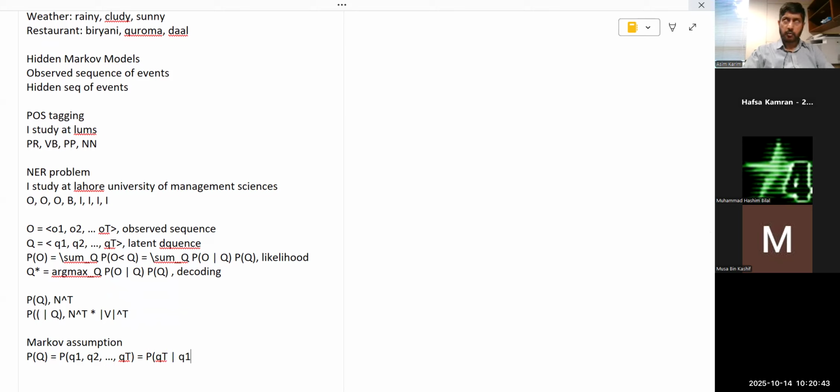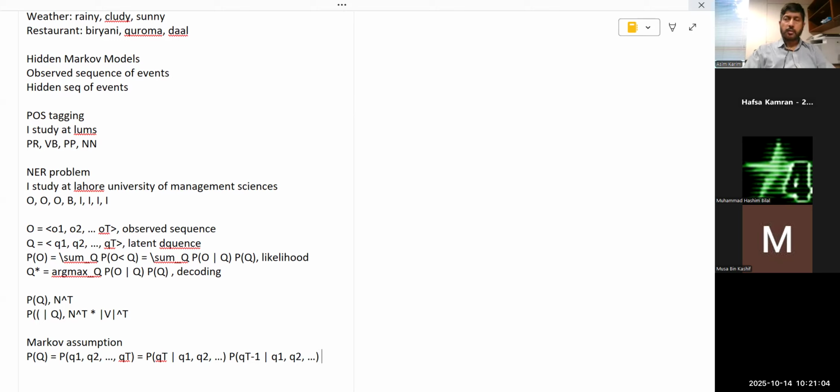QT given Q1, Q2, ..., probability of QT minus 1 given Q1, Q2, ... and so on.